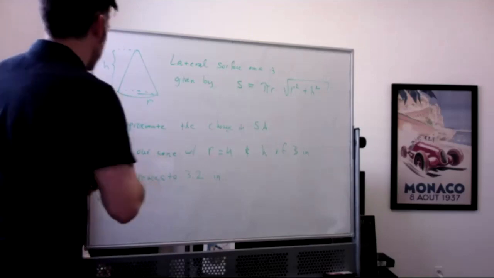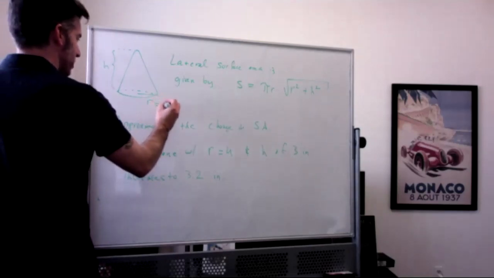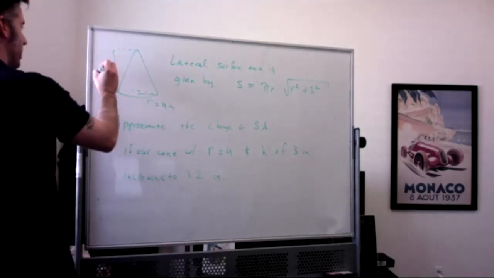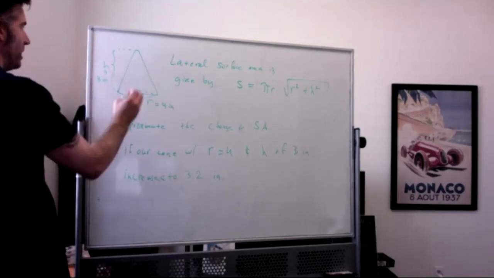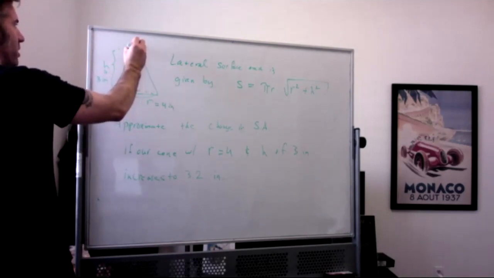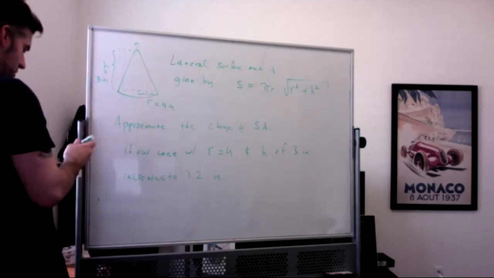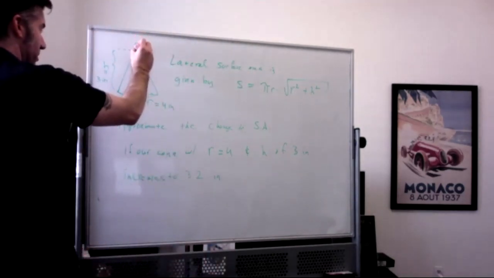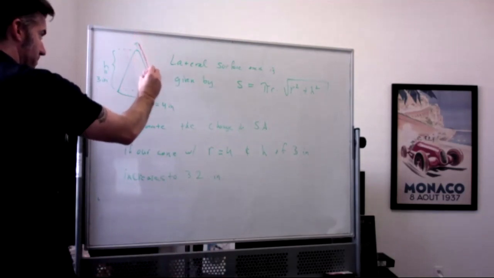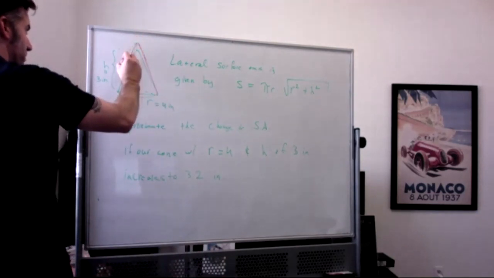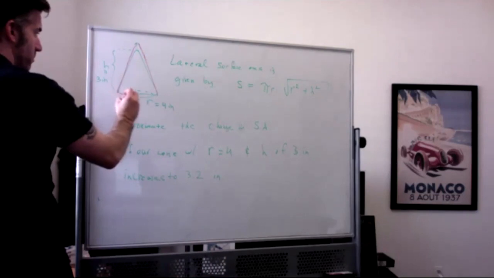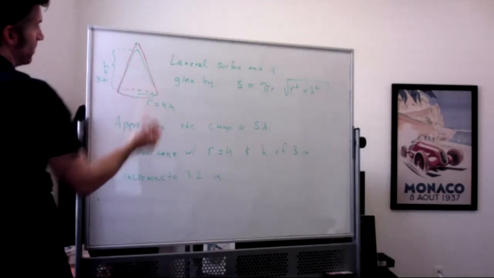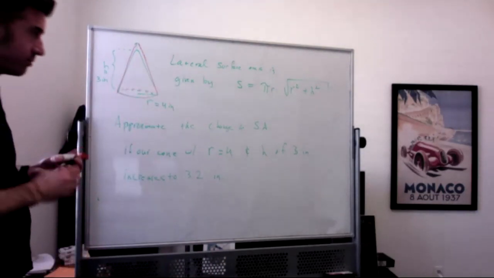So we're starting with a radius of 4 inches and a height of 3 inches, and we're asking what happens to the surface area if this thing just grows a little bit. So now it looks like this. Our cone got a little bit taller.